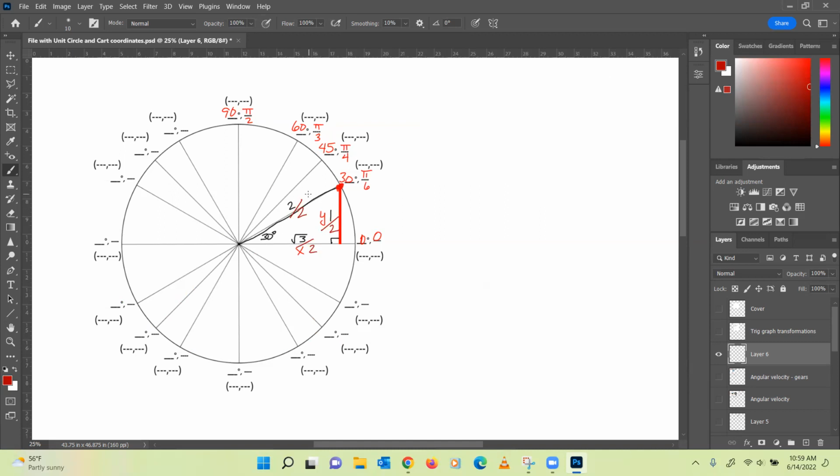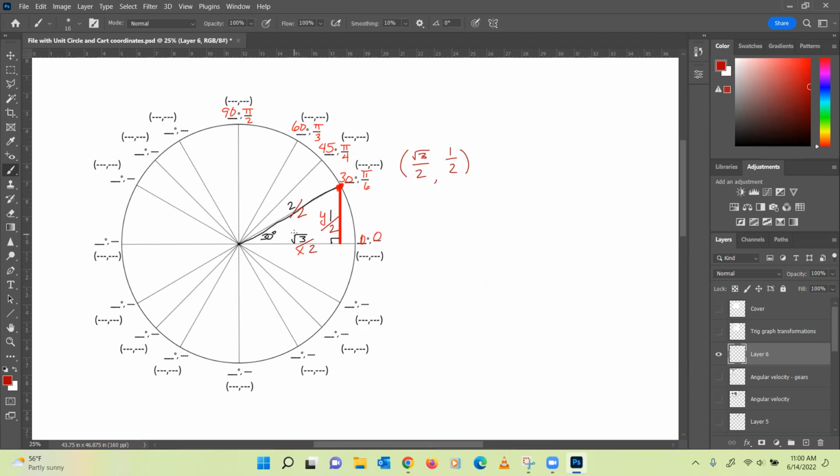Now my radius is 1. Now it's the unit circle. Now my y value, I'm going to rewrite it over here so I've got a little more space. My y value is 1/2. My x value is √3/2. That's the ordered pair at the end of that particular ray.